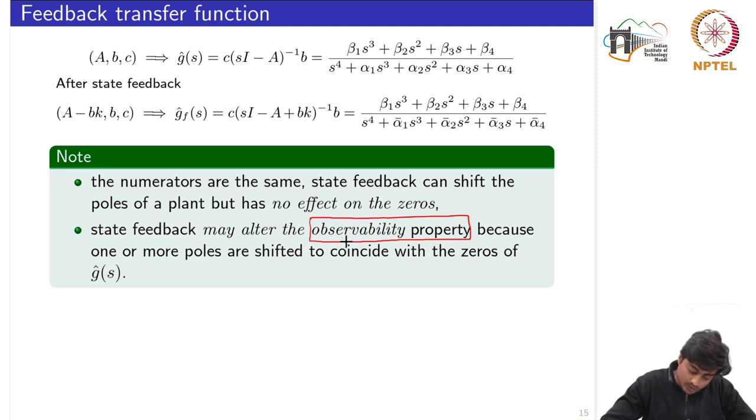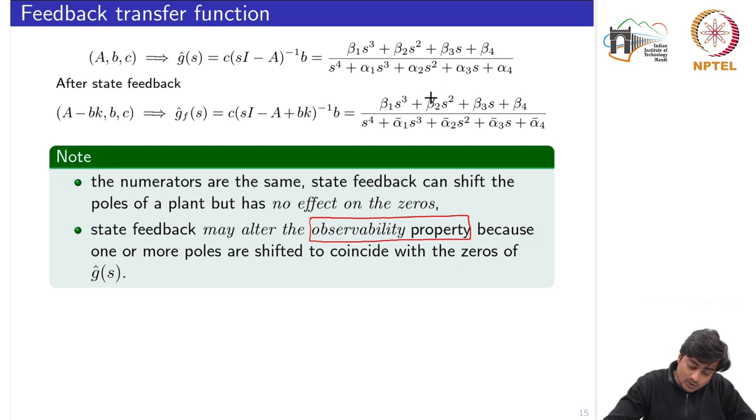For now you can visualize it this way: suppose there are some zeros of the closed loop system or of the plant, and in the plant there is no overlapping of the zeros and the poles. Since we can shift the poles anywhere with the inclusion of state feedback, it may happen that some of the poles of the feedback system overlap with the zeros of the closed loop system.